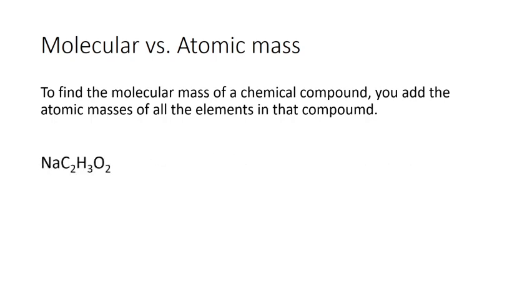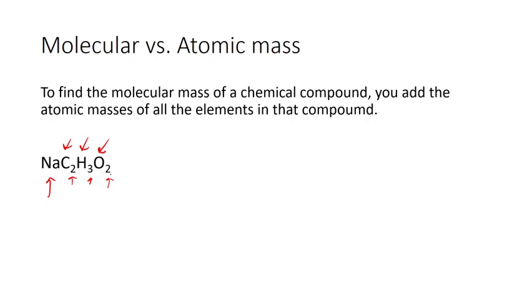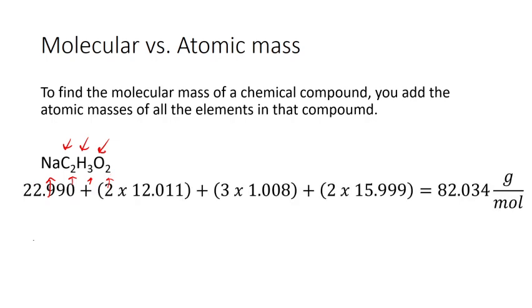So then, if we have something like sodium acetate, right, we look, and again, we have sodium, we have carbon, we have hydrogen, we have oxygen. We know that we have 2 carbons, 3 hydrogens, and 2 oxygens. And so we're going to set it up basically just like the last one. We find the atomic masses for all of these, right?